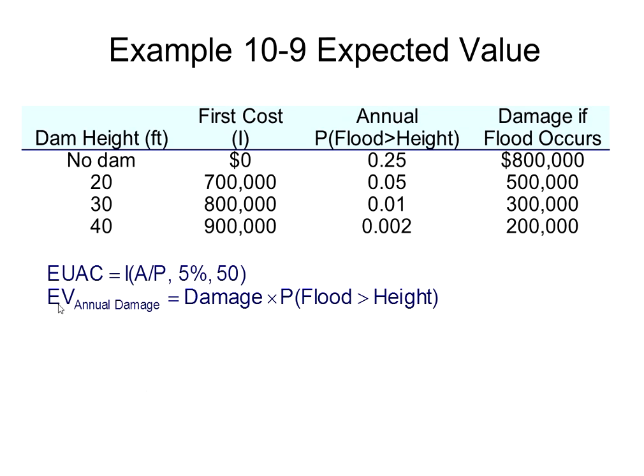So that will allow us also to compute the expected value of annual damage, which is basically a damage that occurs, and then multiplied by the probability of the flood. So the annual probability of flood is, in the case when there's no dam, it's very high, it's 0.25. And so notice, these are separate situations.